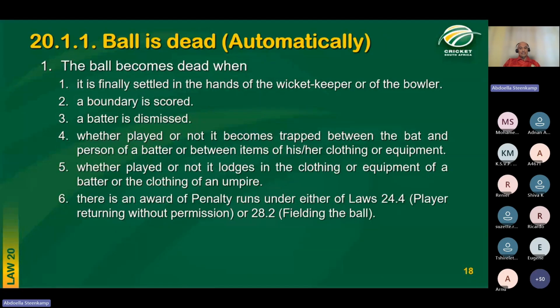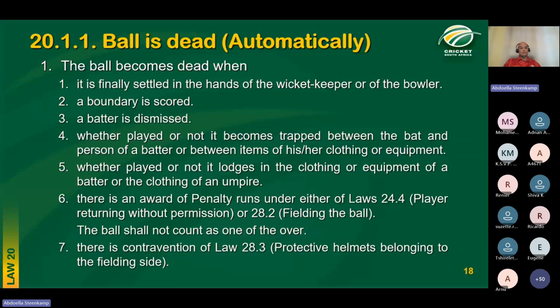Ball is also automatically dead under Law 24.4, a player that returned without permission, and under Law 28, illegal fielding. Ball hits the helmet that was placed behind the keeper: as soon as the ball touches the helmet, ball automatically dead. And as soon as the match is concluded, ball automatically dead.